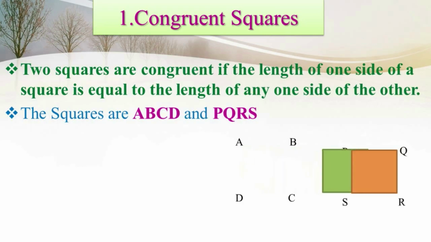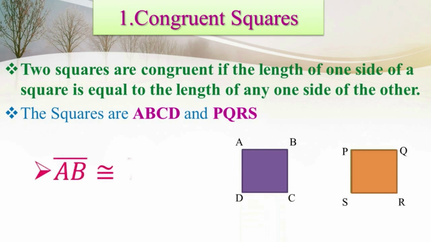We have to compare. How to compare? Yes, the superposition method. Method of investigation is superposition. We have compared, and square ABCD coincides with square PQRS. Therefore, in squares ABCD and PQRS, side AB of square ABCD is concurrent to the side PQ of square PQRS.